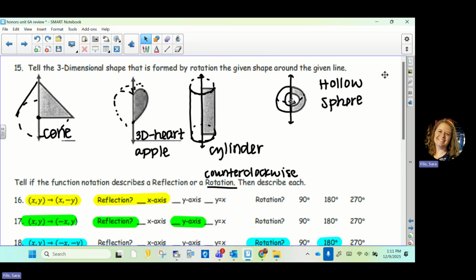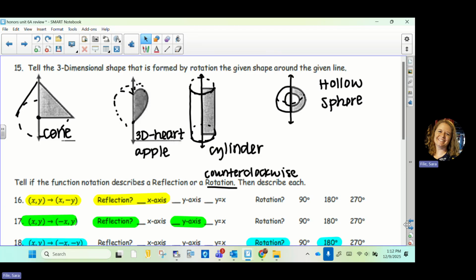It is not a hole that you can see through. It's not a donut shape or a tunnel that's created, because when that semicircle rotates 360, it encloses the outside completely. So it would be good to think of it as a ball with a really thick skin, and then the inside's just air, empty. Does that help?